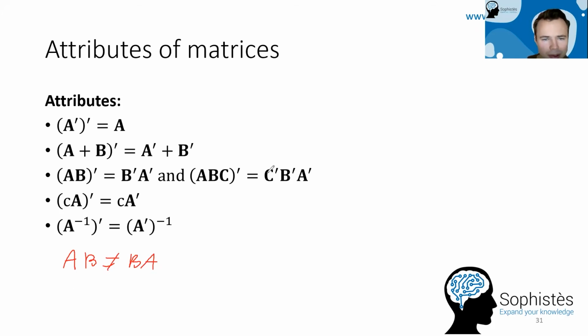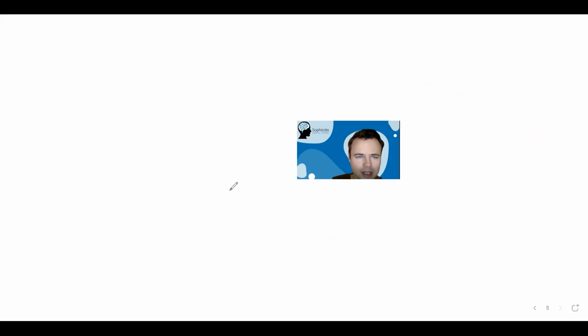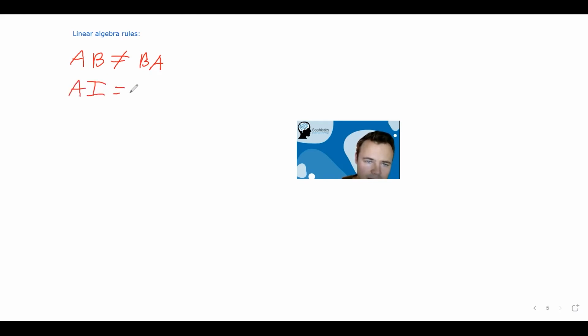Maybe I can go to the whiteboard to give you a really nice overview of all the rules. So let me write it down. Linear algebra rules. If you're working with matrices, pay attention. The first one is order matters. Remember that A times B is not the same as B times A. The other one was that if you do A times the identity matrix, you get A, sorry.